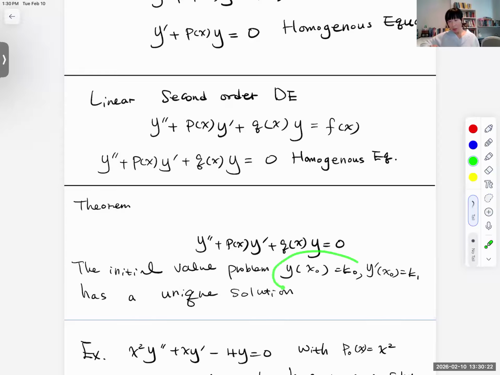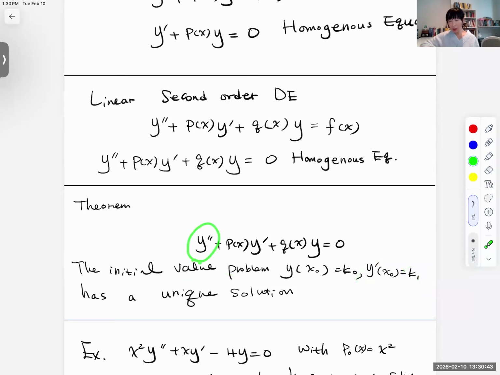This one, we've seen many times, right? But this is brand new. This is another initial value problem: y prime of x naught equals another constant.